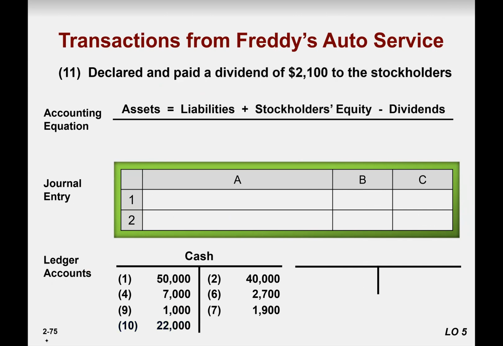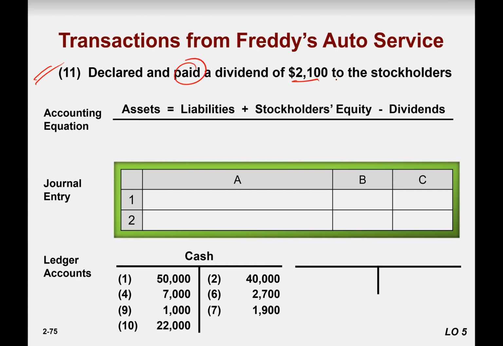Now answer this question: declared and paid dividend of 2100 to the shareholders. Declared and paid dividend 2100 to stockholders. Can we say accounts payable?